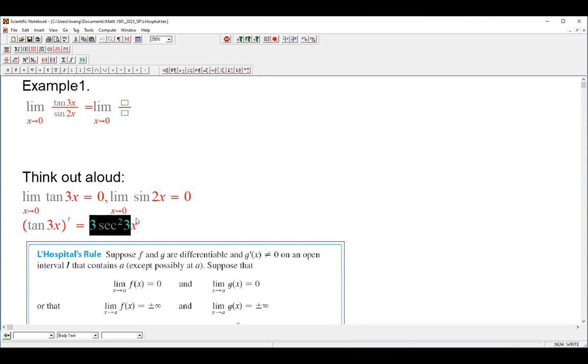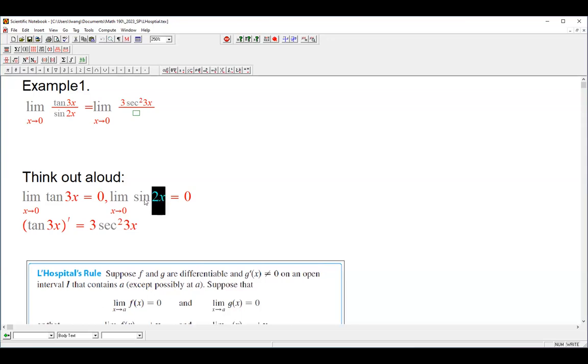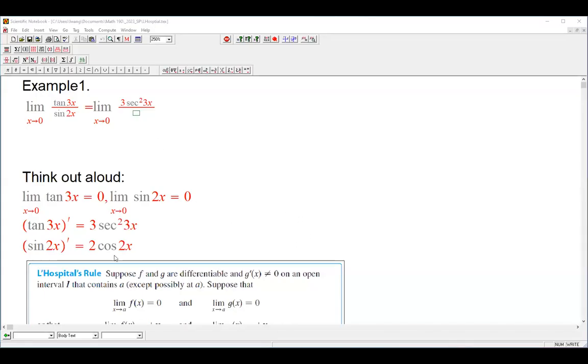Right, so the numerator, we found the limit is 3 times secant squared 3x, and we take a derivative of the denominator. The denominator is sine 2x, right? So we take a derivative separately. And we apply chain rule again, so cosine 2x times 2, so we're going to put the 2 in the front. All right, the denominator is 2 times cosine 2x, okay?